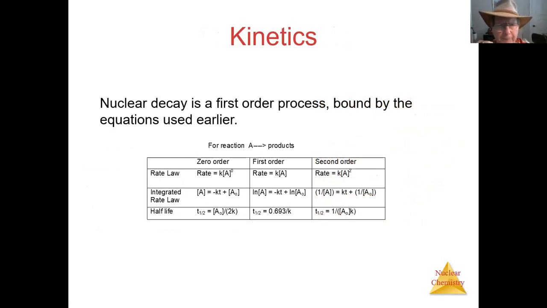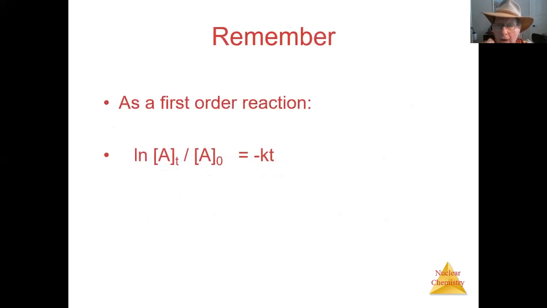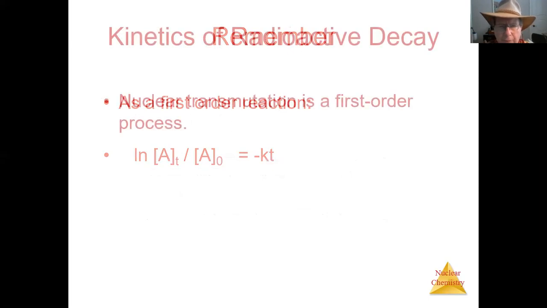Kinetics of radioactivity. It's a first order process. It's bound by the integrated rate law of the first order. It's bound by the half-life and the rate of the first order reaction. As a first order reaction, the ln of the nuclei left at some time t divided by the amount we started with is going to be equal to negative kt.